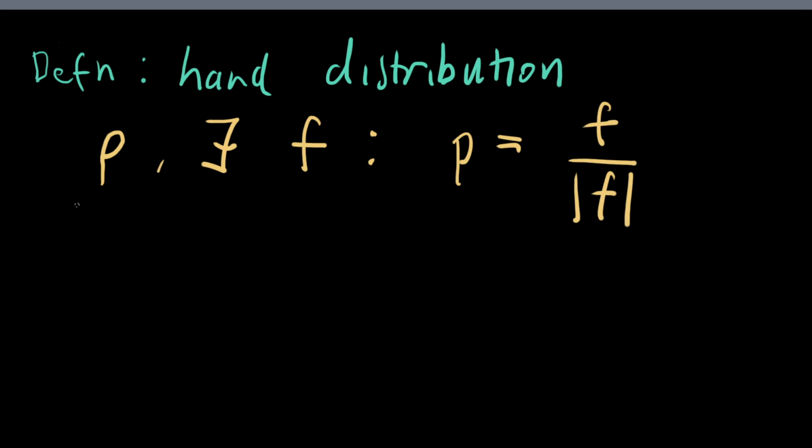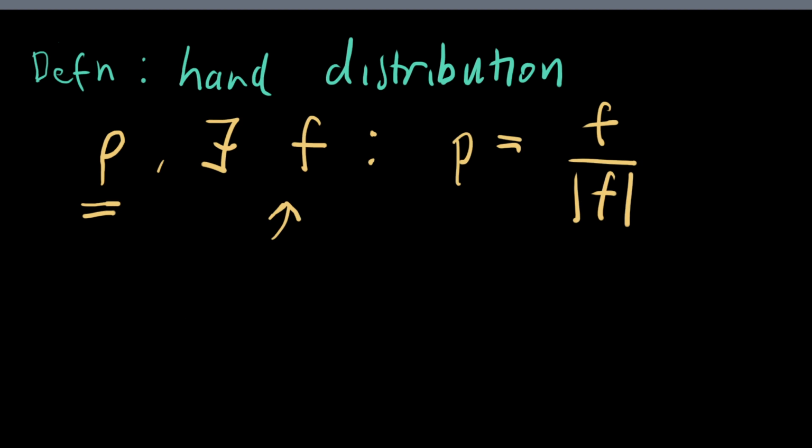The hand distribution is P, and the hand distribution is any function such that there exists a hand range such that the function itself, the hand distribution, is that particular function divided by the size of that range.